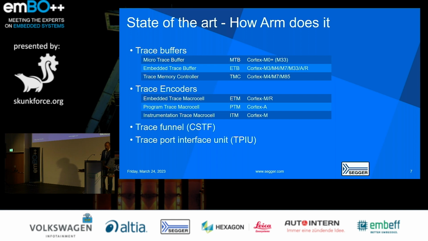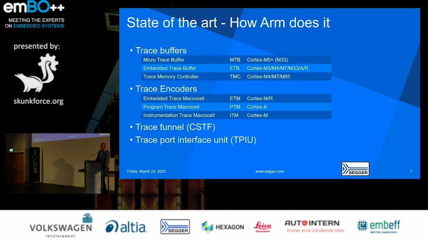So there's the embedded trace macrocell, usually found on Cortex-M or R. Program trace macrocell is on Cortex-A, the bigger ones, and then you have the instrumentation trace macrocell, specifically on Cortex-M. Then you have the trace funnel and trace port interface unit.